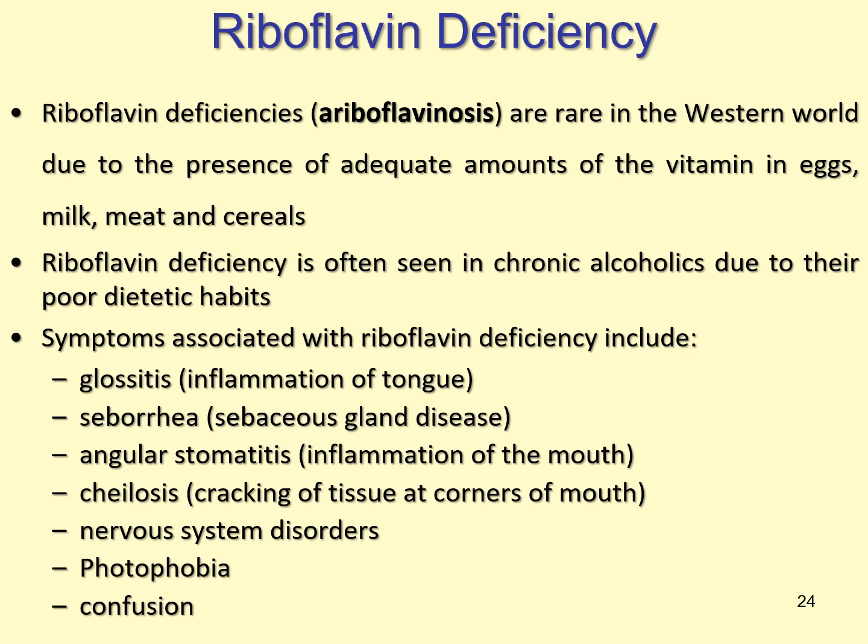Riboflavin deficiency is often seen in chronic alcoholics due to their poor dietary habits. Symptoms associated with riboflavin deficiency include glossitis or inflammation of the tongue, seborrhea or sebaceous gland disease, angular stomatitis or inflammation of the mouth, and cheilosis or cracking of the tissue at the corner of the mouth.